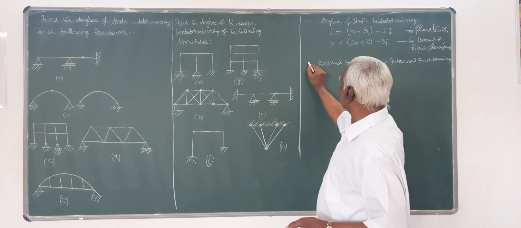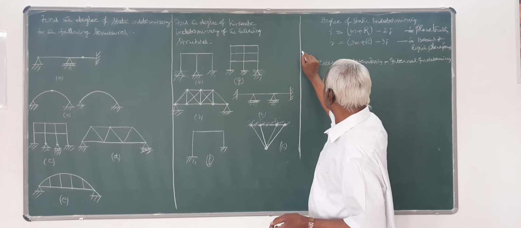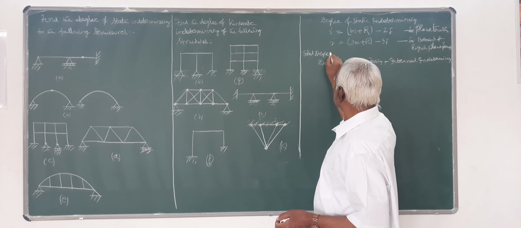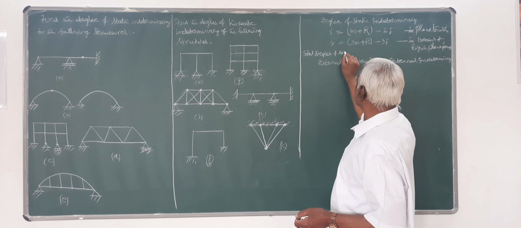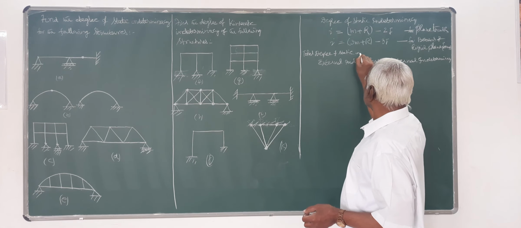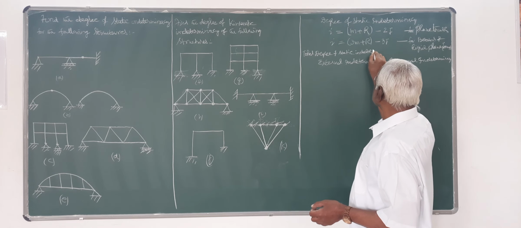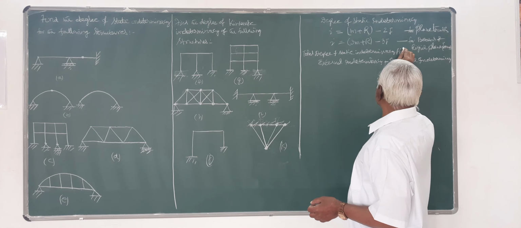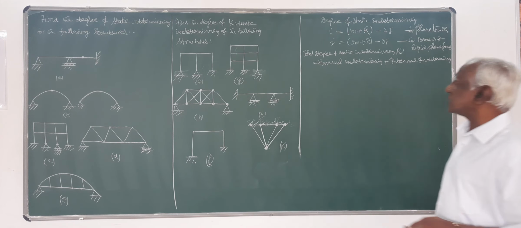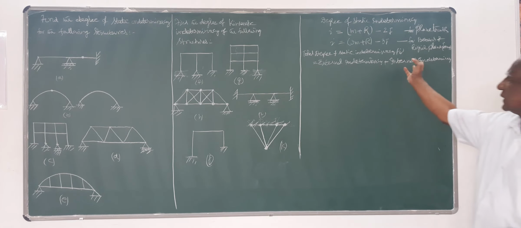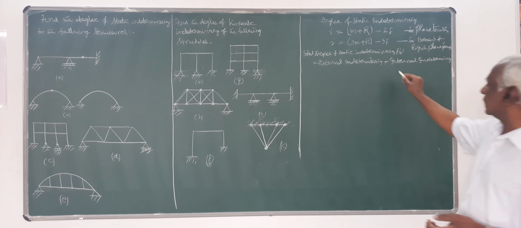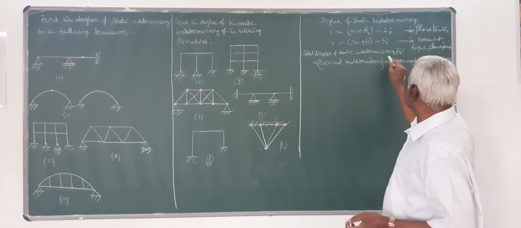This is the total degree of static indeterminacy I. You can treat it as equal to the sum of the degree of external indeterminacy as well as internal indeterminacy.